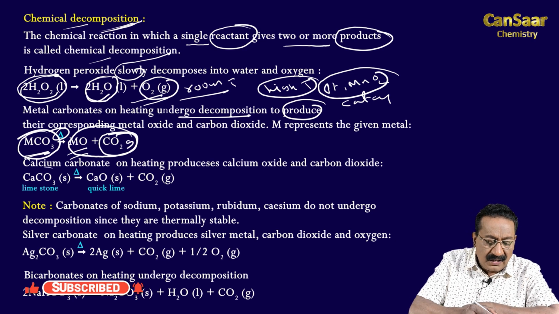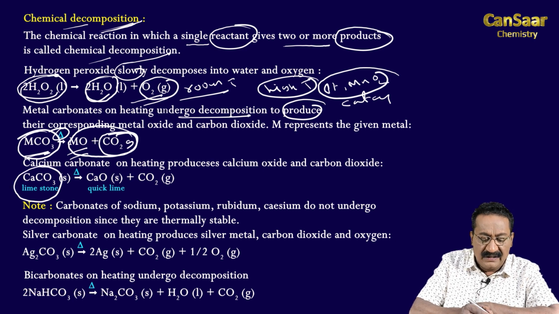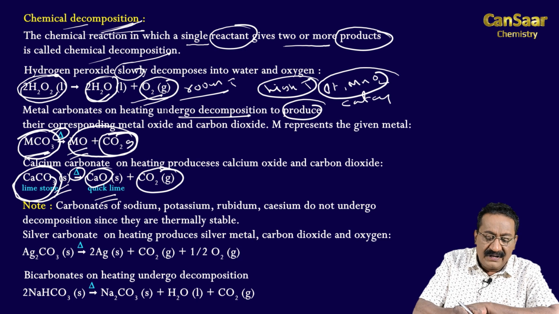For example, limestone CaCO3, which is a solid, on heating undergoes decomposition and gives CaO, so-called quick lime, in solid state, and carbon dioxide gas is produced. So, one reactant giving two products.